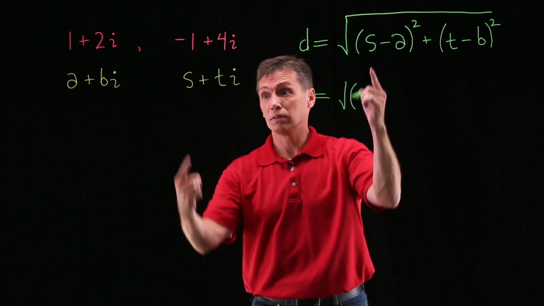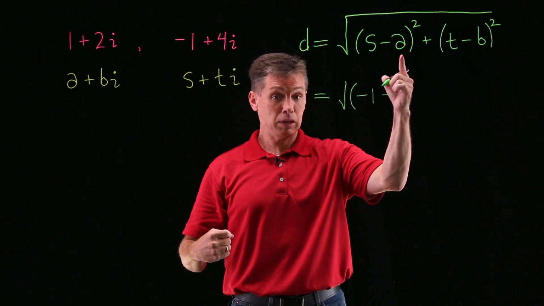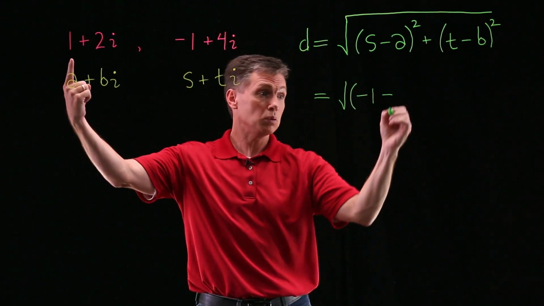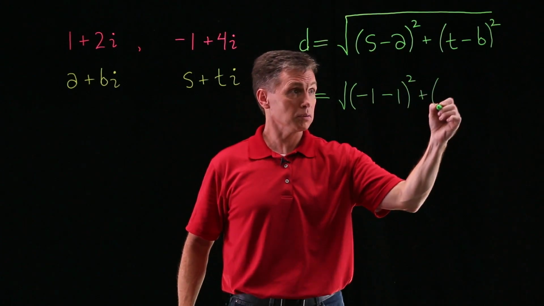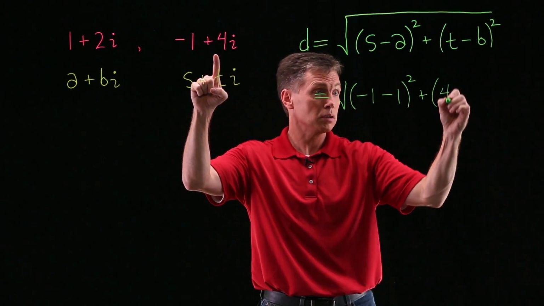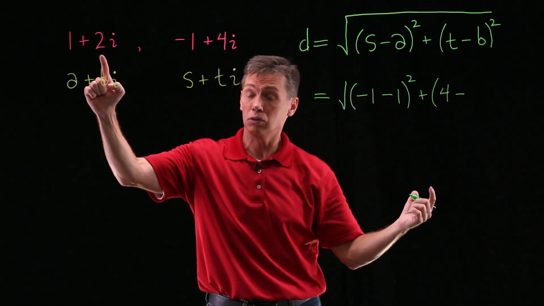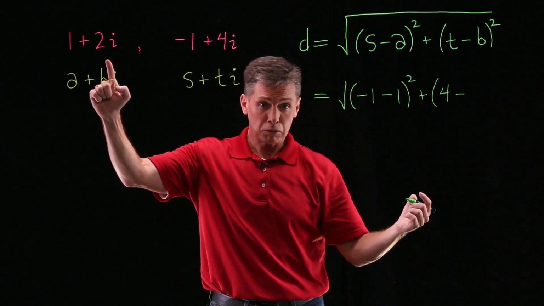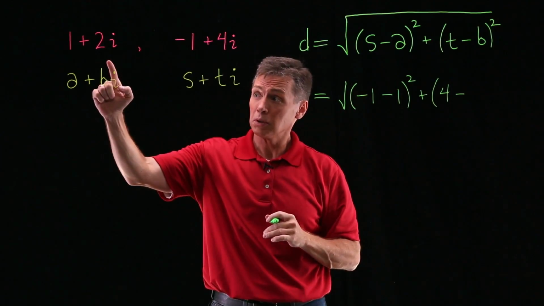Parentheses, my s is -1, minus my a is just 1, parentheses squared, plus t, which comes from right there, the 4, subtract b, which comes from right there, that's a 2. And I'll pause for just a second. I'm okay on this problem, but I'm worried about you for other problems.